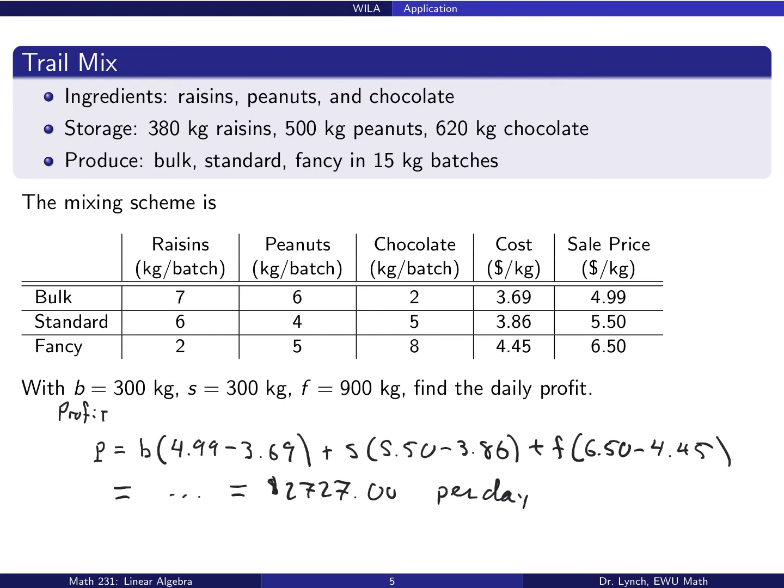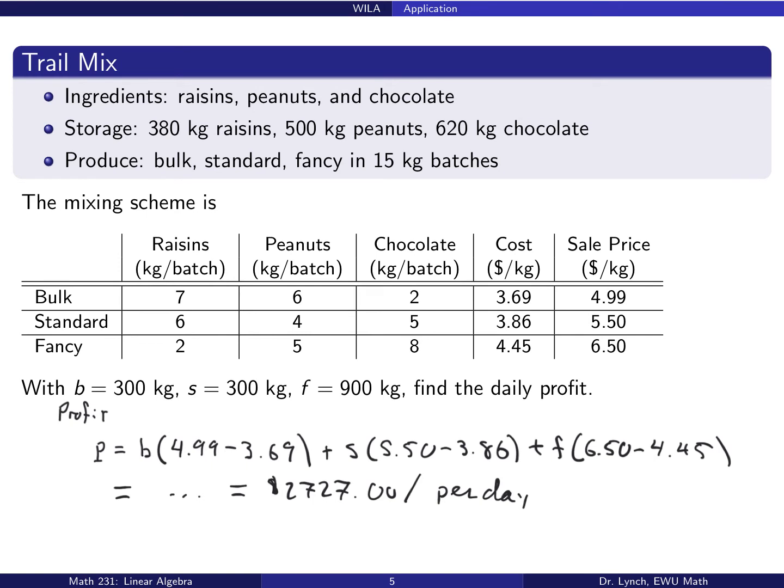So we see that we can express the profit as the amount of bulk sold times the net gain for selling the bulk, which is the sale price minus the cost, plus the amount of standard sold times the net price, plus the amount of fancy sold times its net price. So again, an example of a linear calculation, and we end up with $2,727. And this is per day, so we'll use the units of per day.